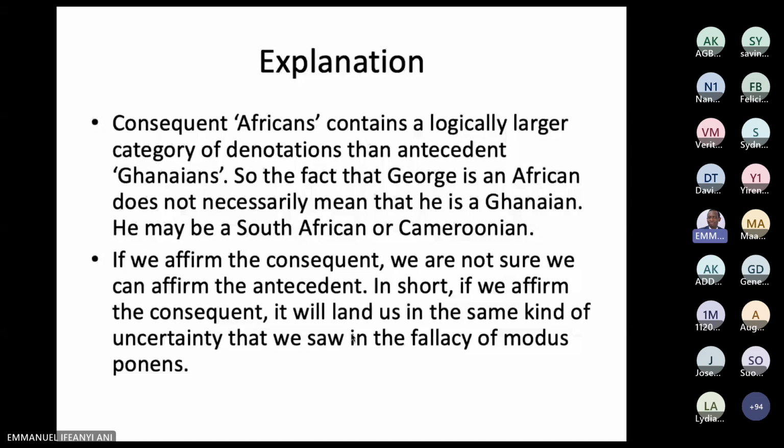In short, it can land us in the same uncertainty that we saw in the fallacy of denying the antecedent. So denying the antecedent or affirming the consequent always leads us to invalid conclusions because they don't provide enough reasons for the conclusion.